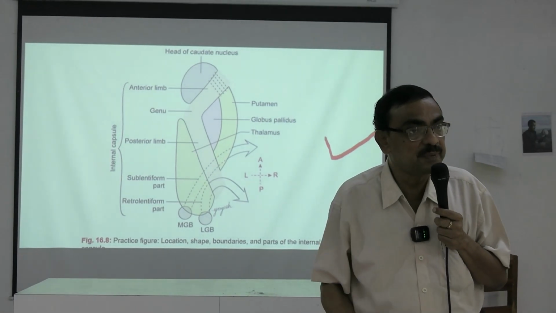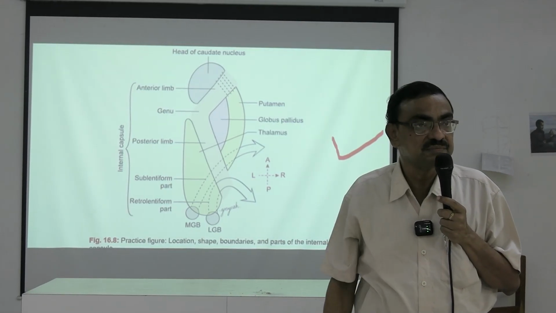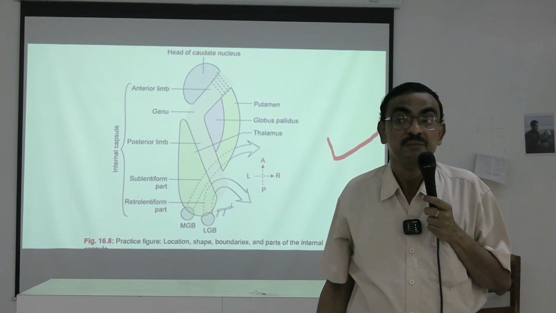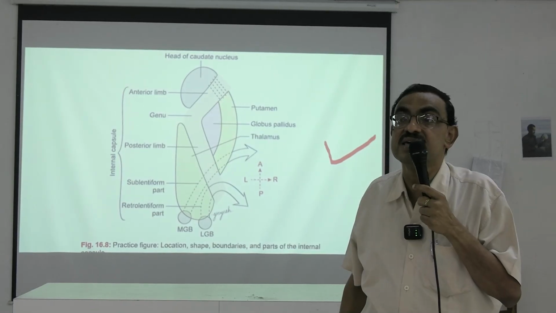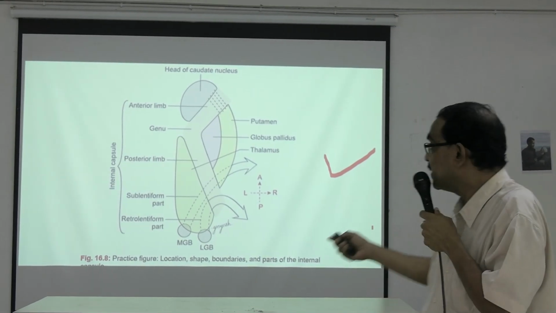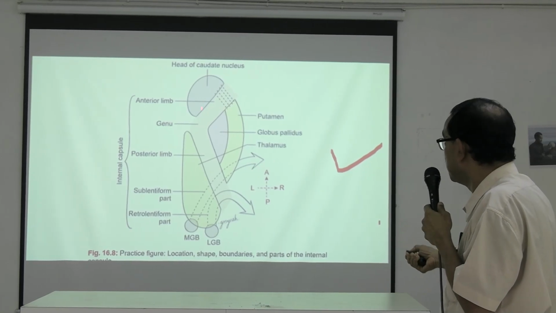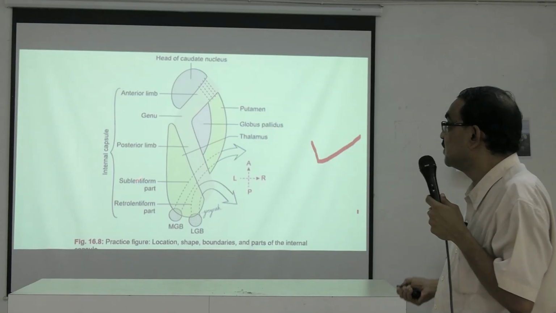Some centripetal fibers are coming towards the cerebral cortex. From where? They are coming from the thalamus, because for all the centripetal fibers the first relay center is the thalamus. From the thalamus, they move through this internal capsule, whether it is the anterior limb, genu, posterior limb, retrolentiform or sublentiform.